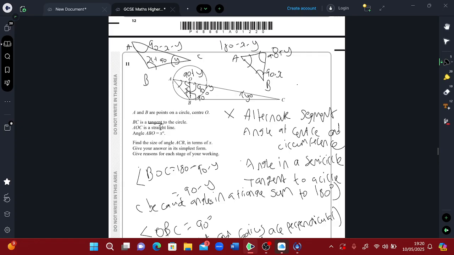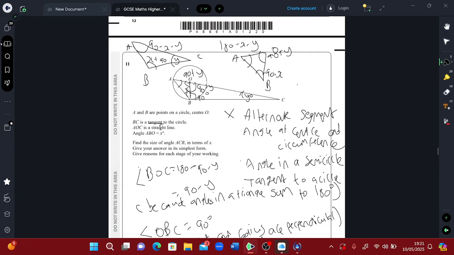But we also know that these three angles in here have to sum to 180 as well. x plus 90 plus y plus 90 minus x minus y.